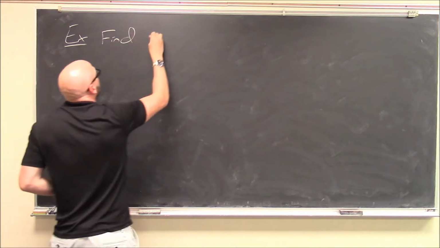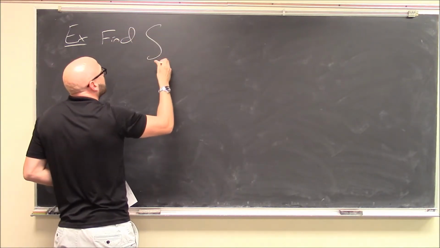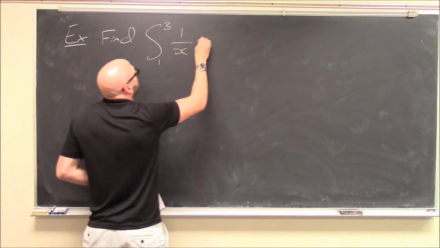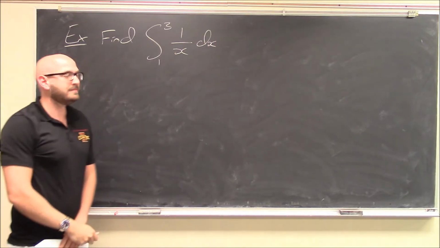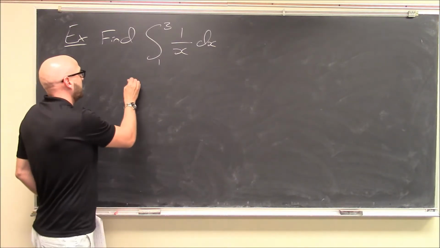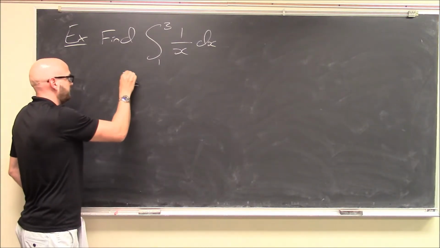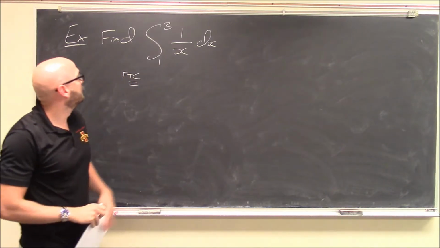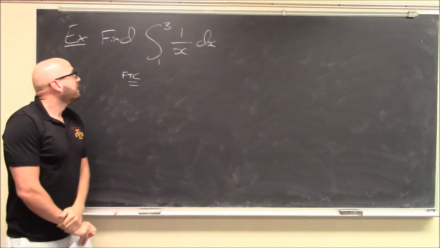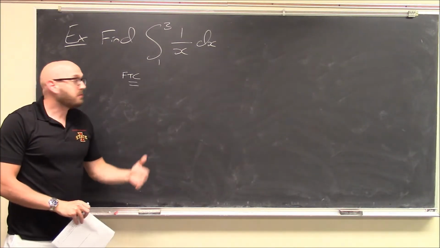So for example, let's find the integral from 1 to 3 of 1 over x dx. Okay, the fundamental theorem of calculus says all I have to do is find an antiderivative for 1 over x. That's it. As long as you remember your antiderivatives, this one's not hard.